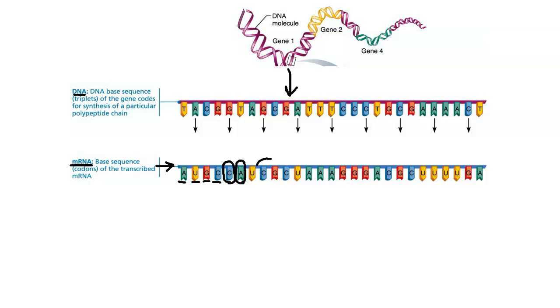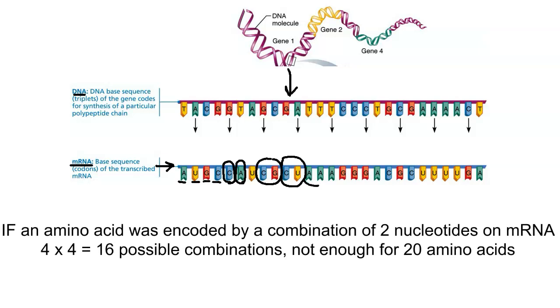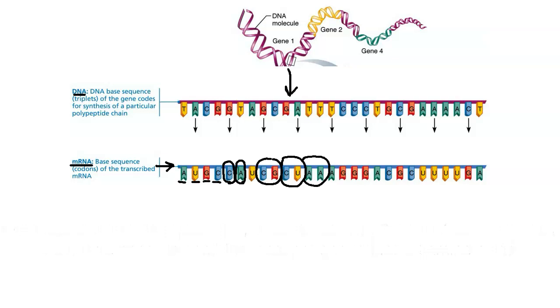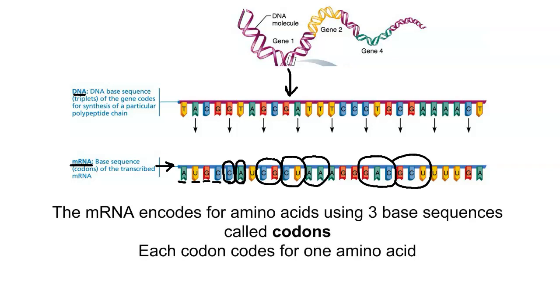Even if we said, okay, well, what if the ribosome was reading 2 nucleotides at a time? All the different combinations of 2 with 4 different building blocks only gives you 16 different possible combinations, so that's still not enough to code for the 20 amino acids. And so experiments were done looking at these things, and so it was thought, okay, logically, what if the ribosome is reading 3 nucleotides at a time on the messenger RNA, and it was found that a sequence of 3 nucleotides on the messenger RNA strand is what's coding for a single amino acid.